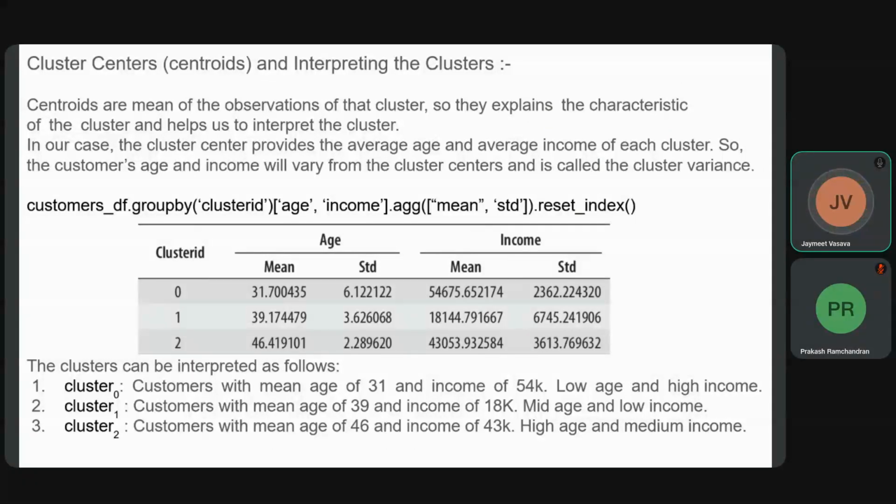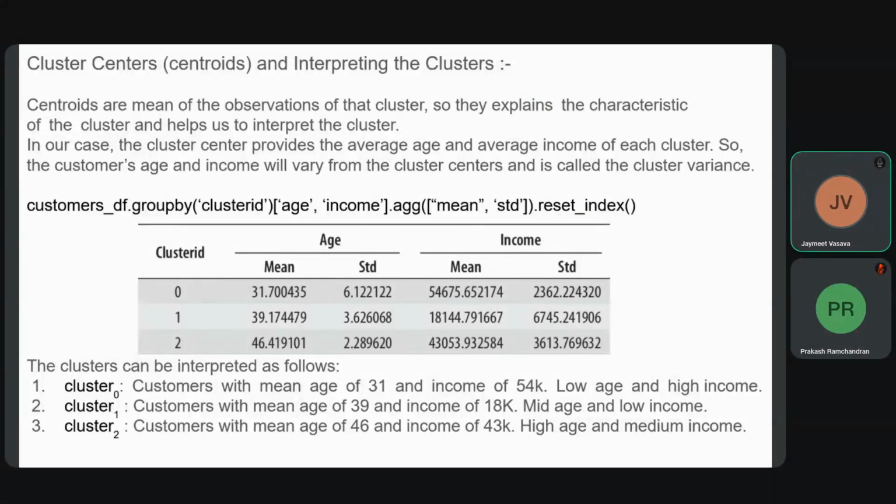So for cluster ID 0, the mean age is 31.7 years, and the income is 54.6K. For cluster ID 1, we have an age of 39.1 years and income of 18.1K.